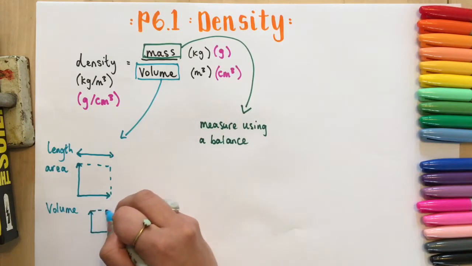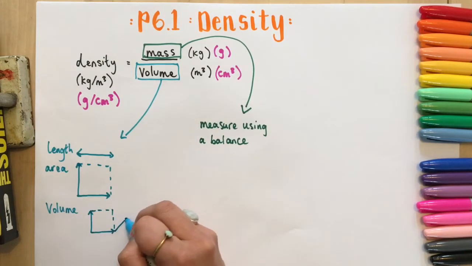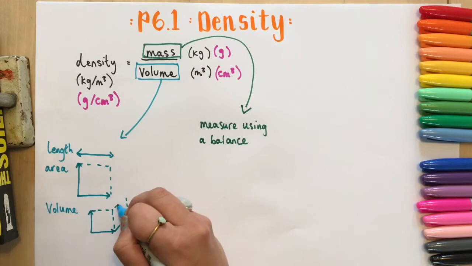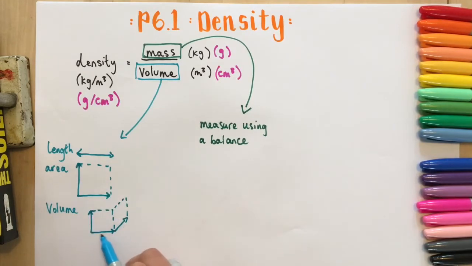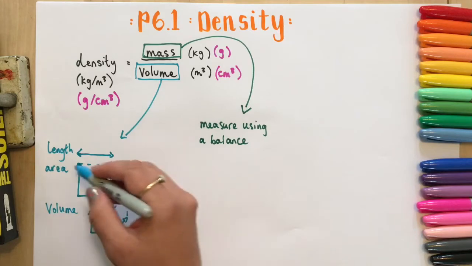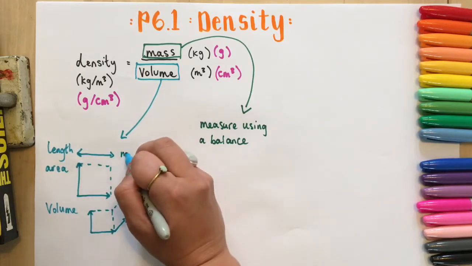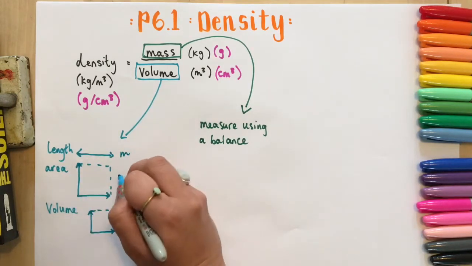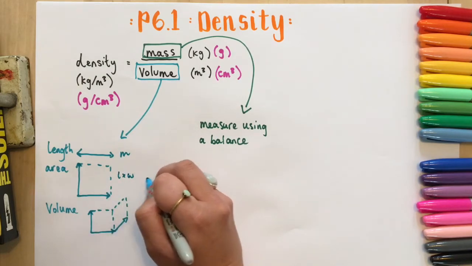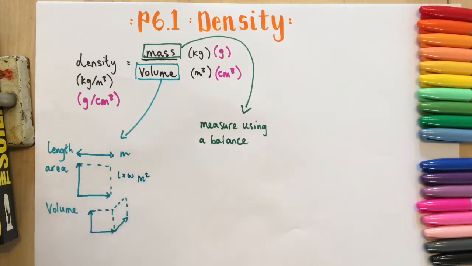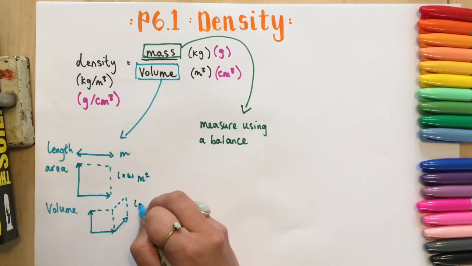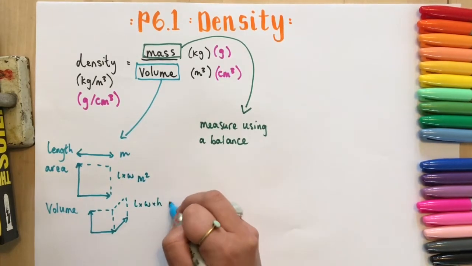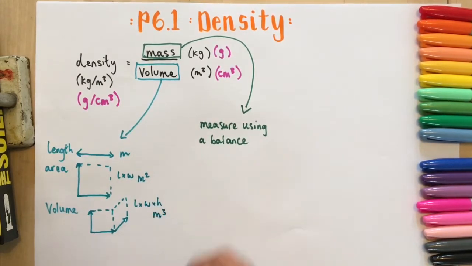So we would have the length times the width times the height. And so this is for a three-dimensional shape. So for length, we would have it in meters. For area, we've got length times width, so it would be meters squared. And for volume, we have length times width times height, so it is meters cubed.